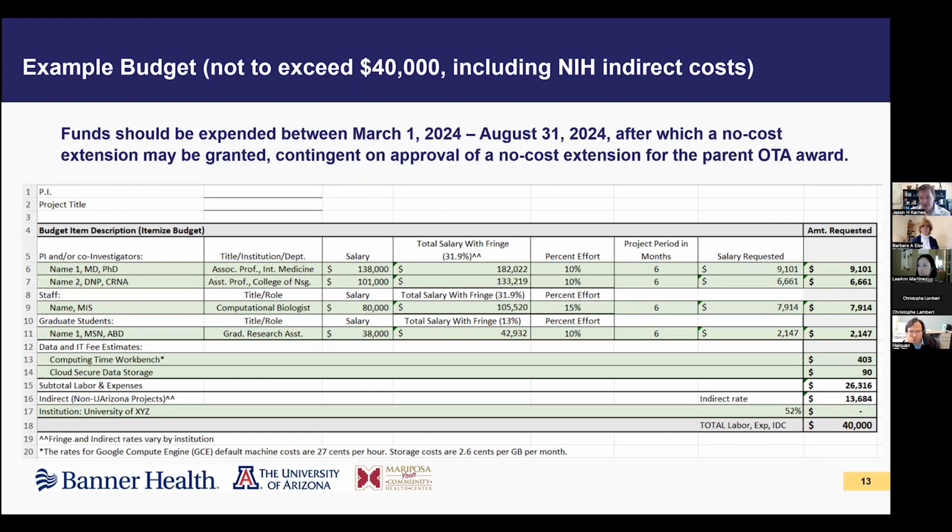So here in this example, we've used a 52% indirect rate, and that came off of the 40,000, giving a subtotal for labor and expenses here. And again, this is a fairly simple approach, and we can provide additional information for estimated rates for Google Compute Engine machine costs as well as storage costs as well.